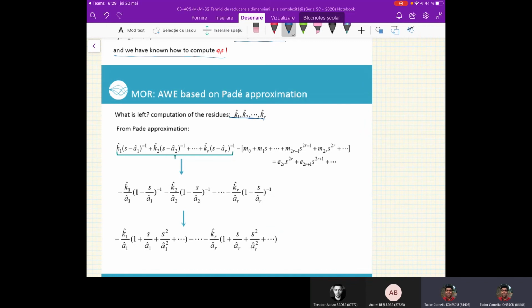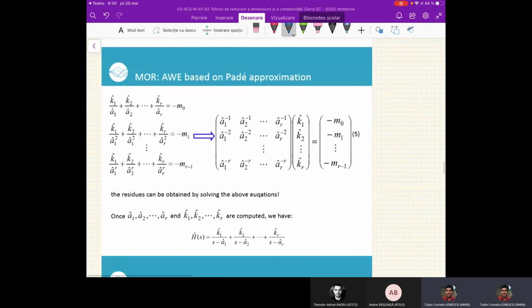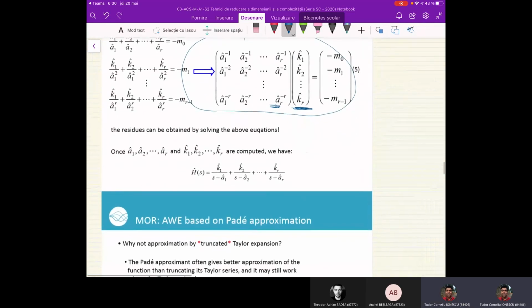And you do this from the Padé approximation, and you get another system. Look here. This is another system of equations in the unknowns k, because you already know the a hats. And note that these are the moments. Okay?